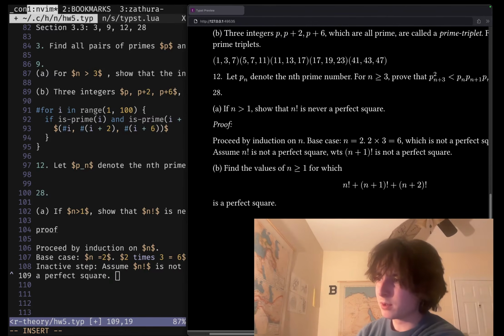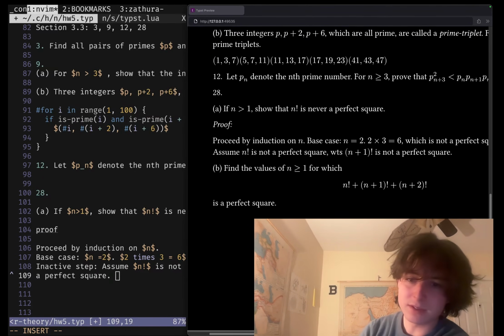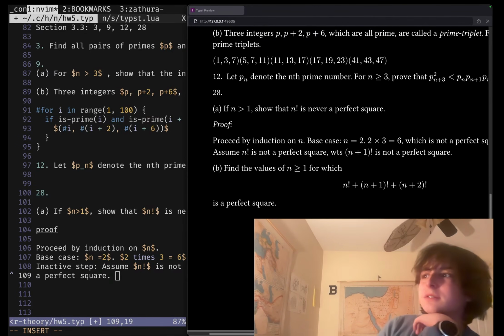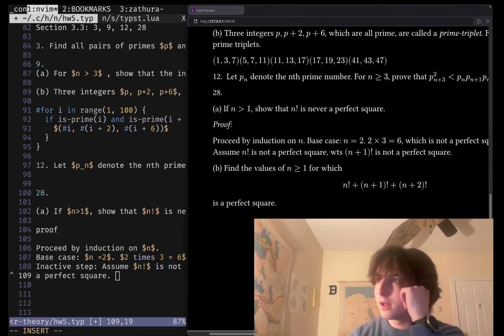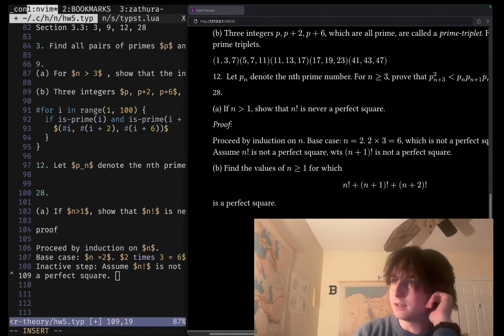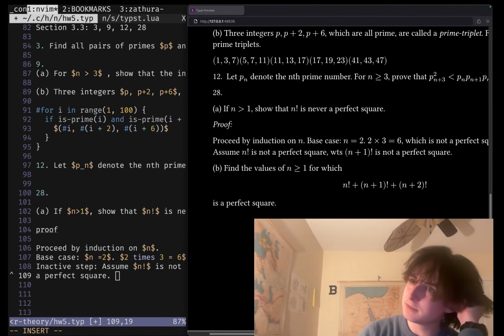Like what about 3? So 3 isn't a perfect square, multiplied by 12 gives you 36, which is a perfect square. So it seems like that doesn't hold up in some cases.